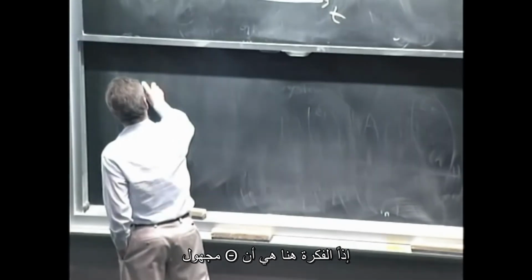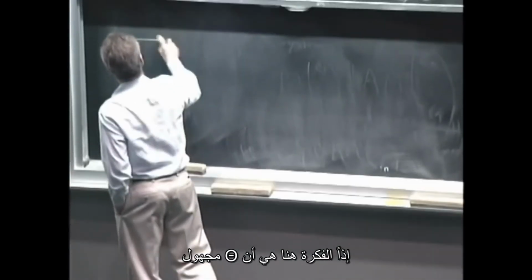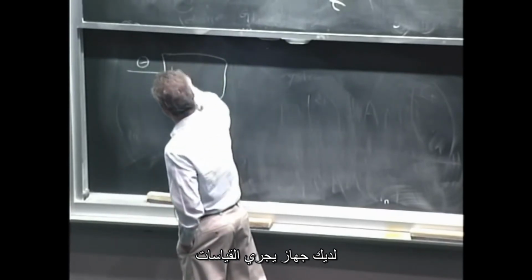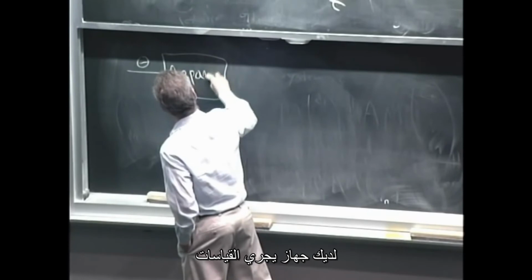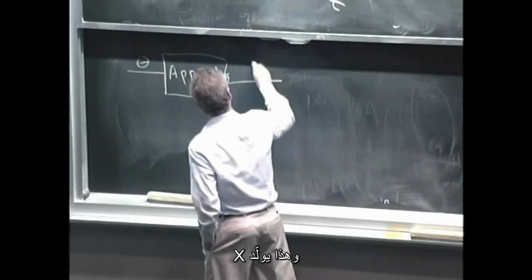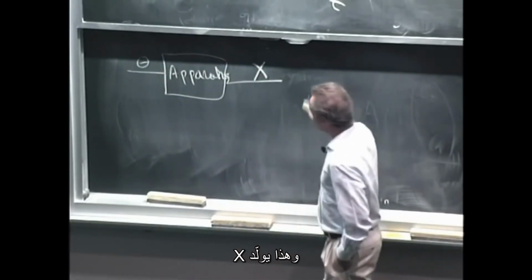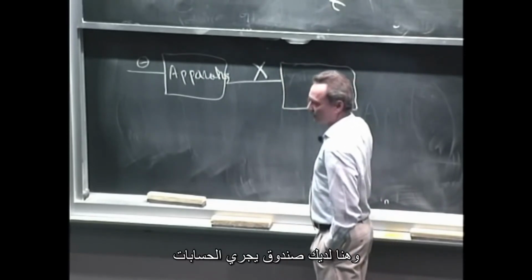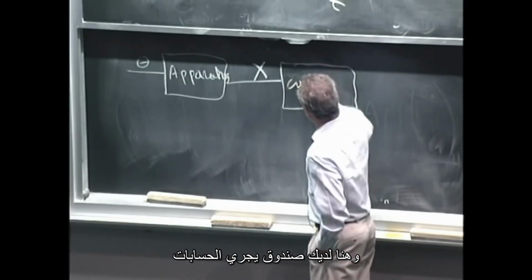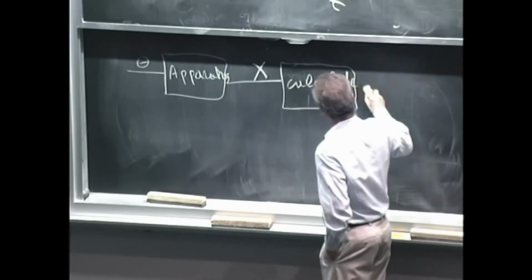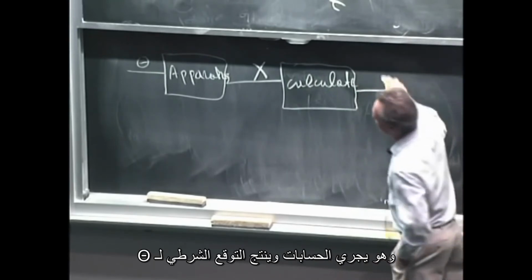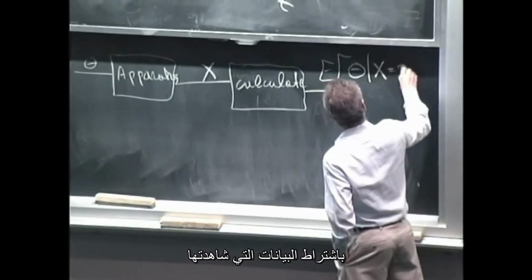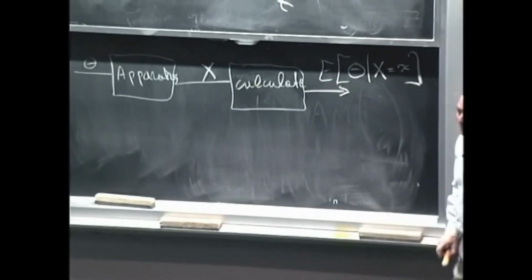So the picture here is that theta is unknown. You have your apparatus that creates measurements, so this creates an x. You take an x, and here you have a box that does calculations, and it spits out the conditional expectation of theta given the particular data that you have observed.